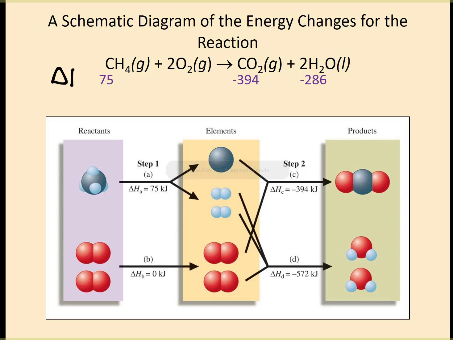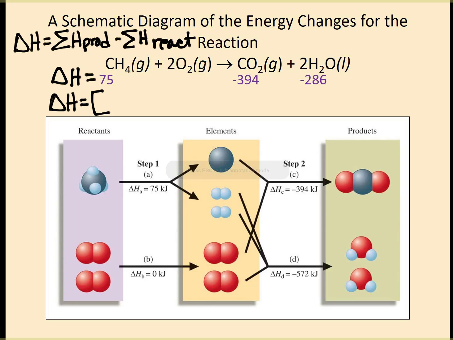My delta H's are listed for each of the compounds, and I am going to take the sum of the heats of formation of the products and subtract the sum of the heats of formation of the reactants. I like to use brackets to keep all the products and the reactants separate from each other. Anytime you have something more than 1 mole, you need to multiply that heat of formation by that coefficient.